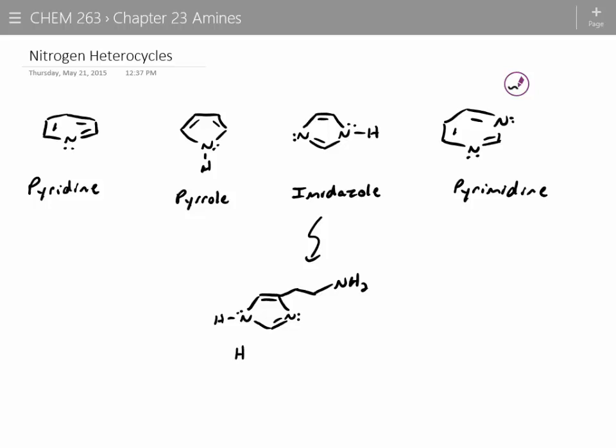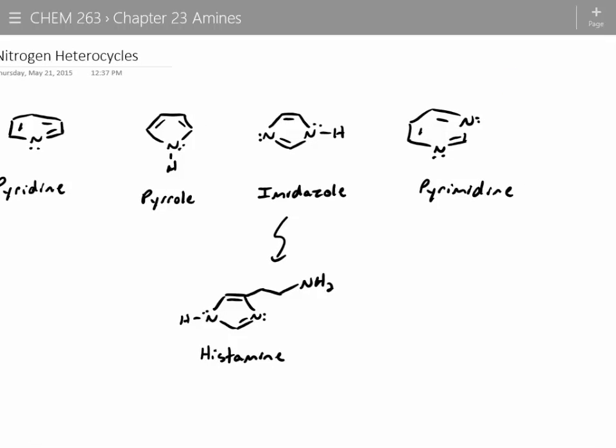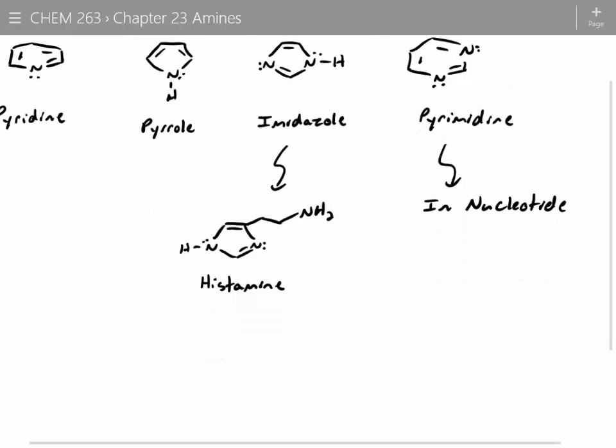So histamine is involved in a lot of allergic responses, and it's got an imidazole substituent coming off of it. Pyrimidines are also very important. What are they included in? What's that? Yeah, nucleotides. So we've got a lot of pyrimidine nucleotides.